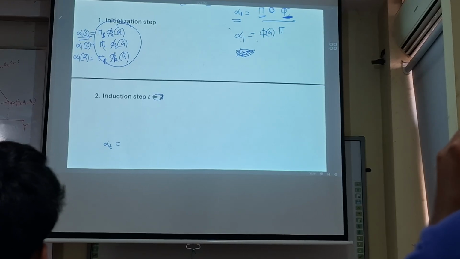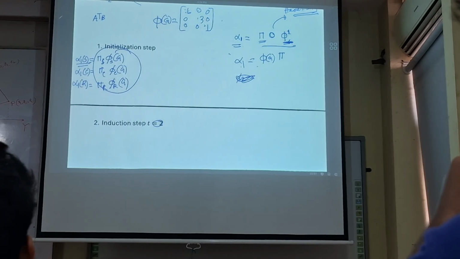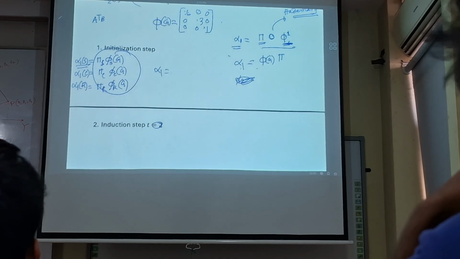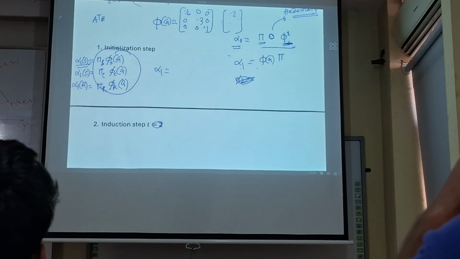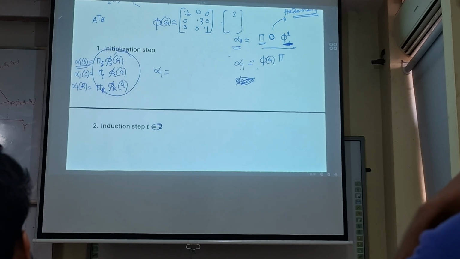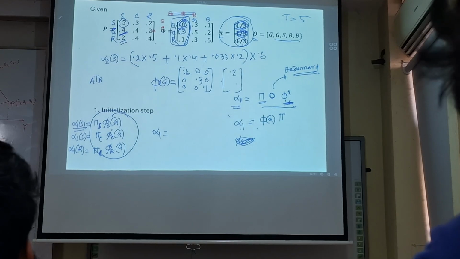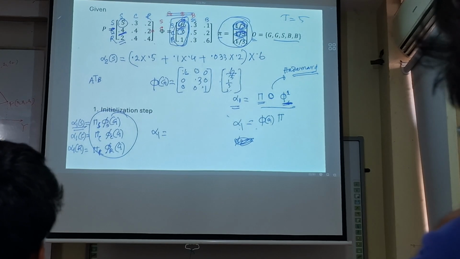alpha 1. If you just multiply this one, then what is the value of alpha 1? If we write alpha 1 here, then alpha 1 is this matrix multiplied by 0.2. No. 1/3, 1/3, and 1/3.